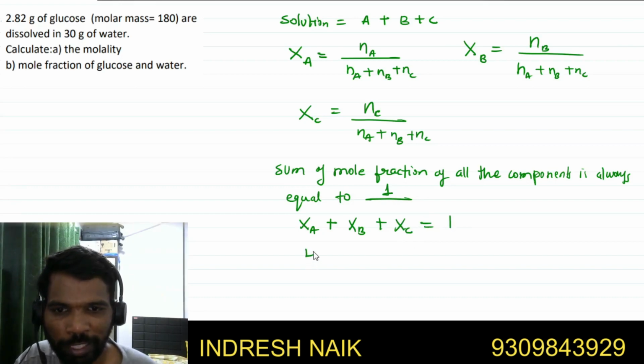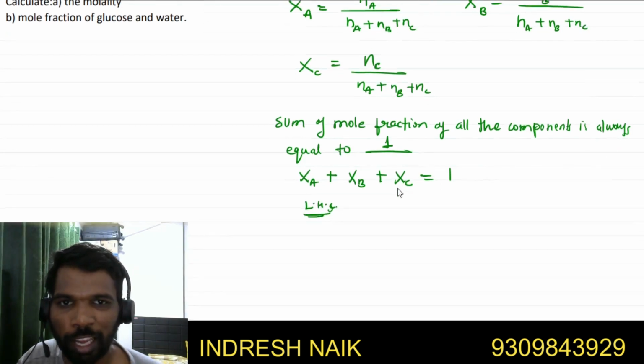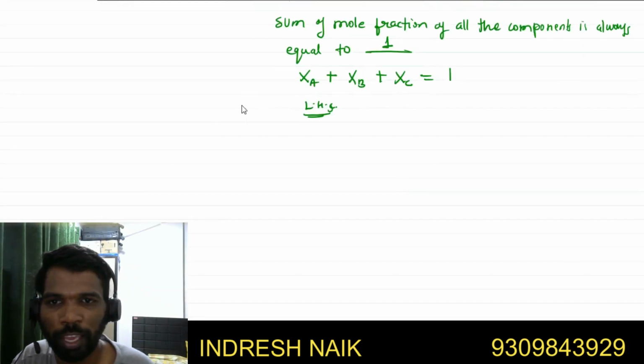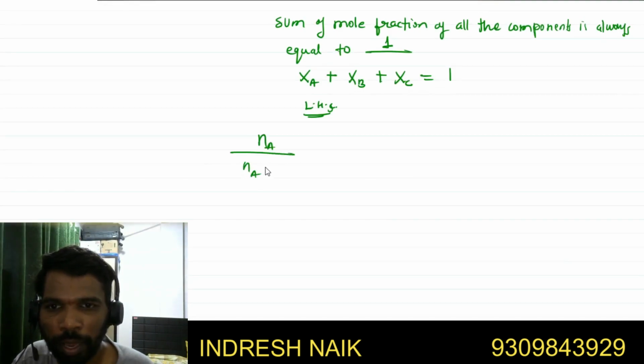How? If we take LHS, LHS is equal to RHS. The mole fraction of A is number of moles of A upon Na plus Nb plus Nc. Mole fraction of B is number of moles of B upon the same. Same for Nc.